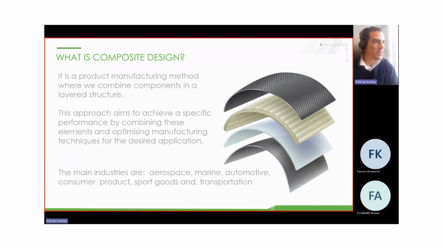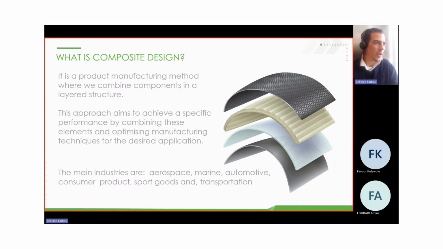So composite design is a product manufacturing method where we're combining components in a layered structure by laying them into a mold, which is responsible for the shape of the whole desired form we want to achieve.